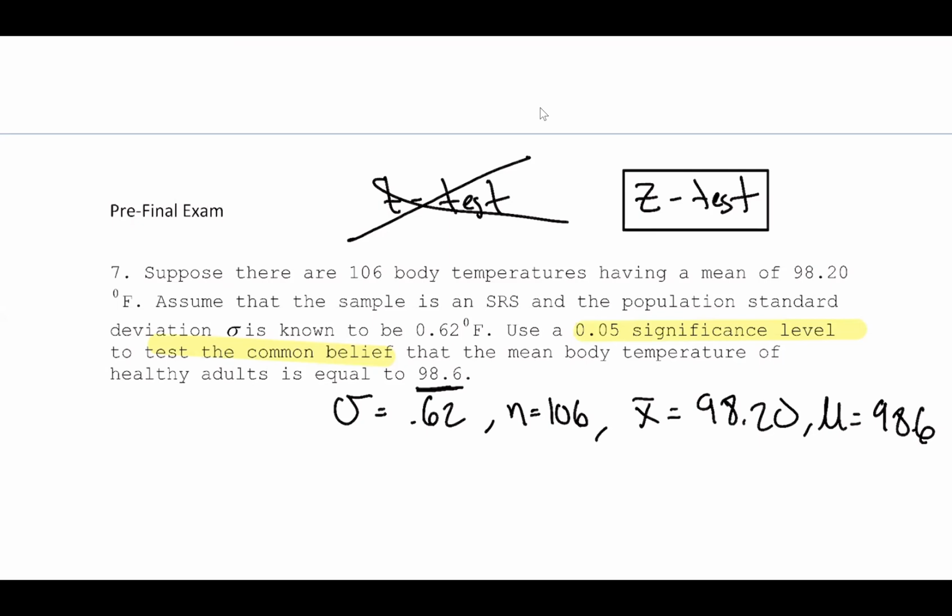So take some time, read the problem, and see if you can label them. Go back to past lecture, just read the problem and try to see what the mean is and what the sample size is, because some of you did have that issue.